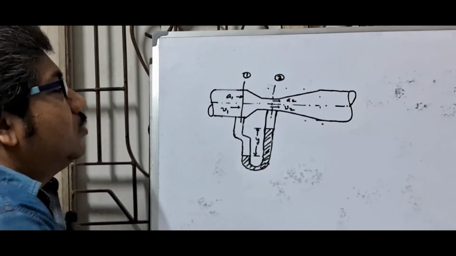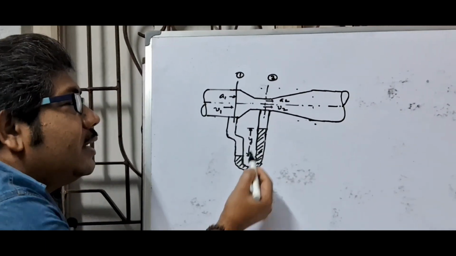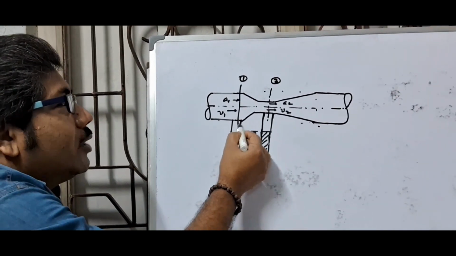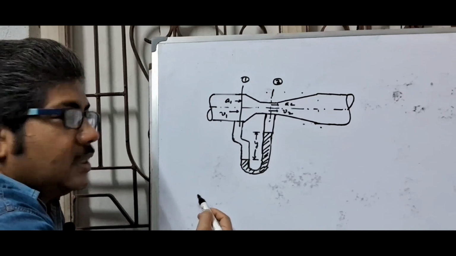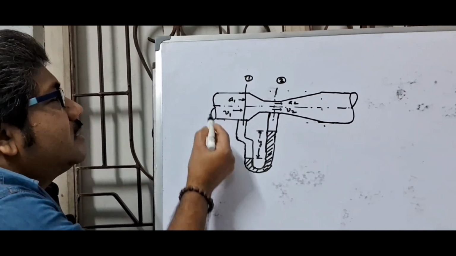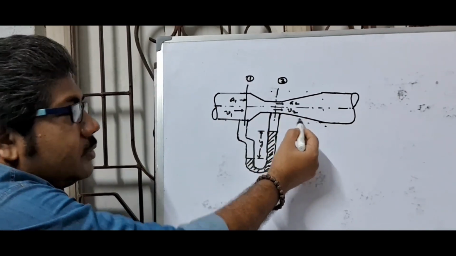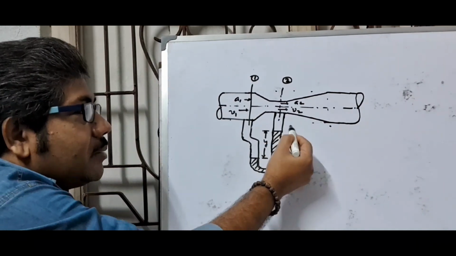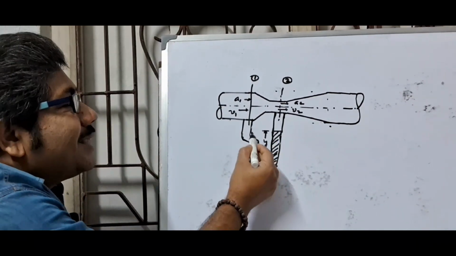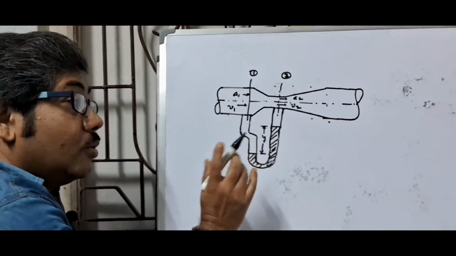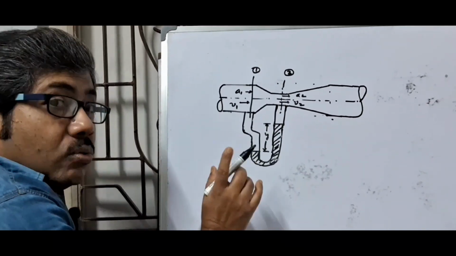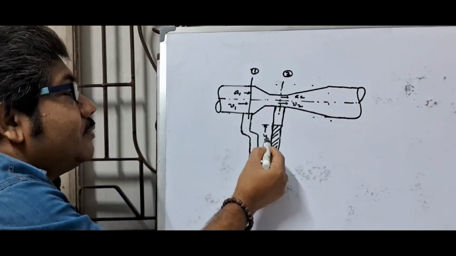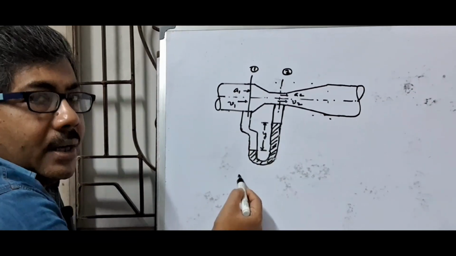Now, a U-tube manometer is fitted at 1 and 2 section. When there is no flow through the pipe, the mercury in the manometer is at the same level. But when liquid is flowing through the pipe, then there is a deflection Y in the manometer.